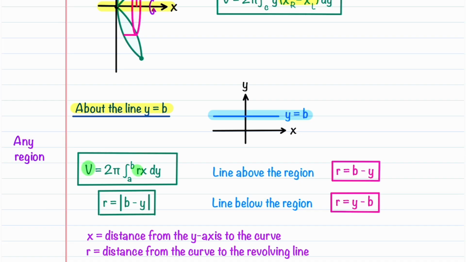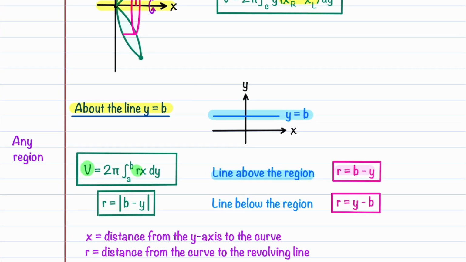If the line that you're going to be rotating about lies above the region that you're given, r is equal to b minus y, and if the line lies below the region, then r is equal to y minus b. If you don't want to memorize those formulas, just remember that x is the distance from the y-axis to the curve that you're given, and then r is the distance from the curve to the revolving line.